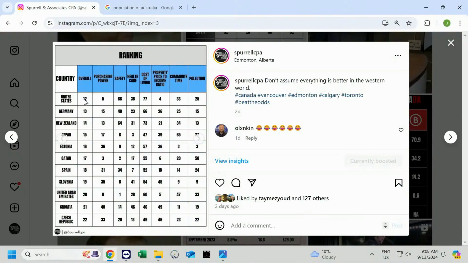Again, the United States is ranking very high because of their purchasing power. They're still very, very reliant on the U.S. dollar. That purchasing power is still very high. Incomes are up in the U.S., and their dollar is the strongest fiat currency of the bunch, the best of the worst currencies out there.